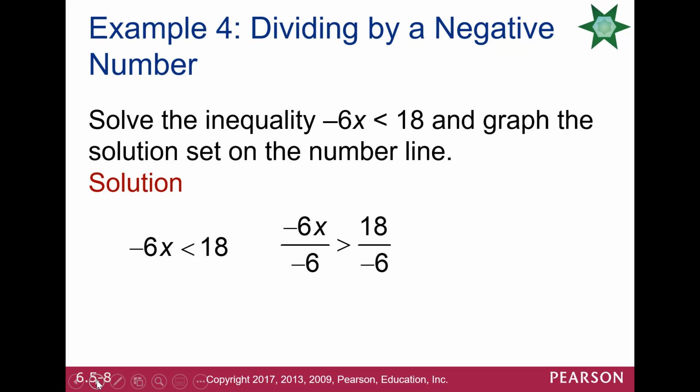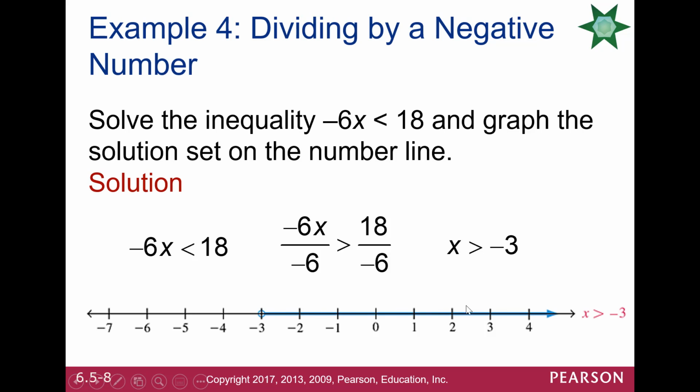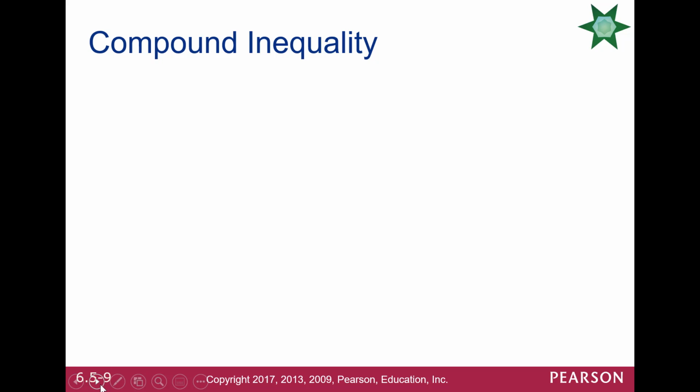When we do that, the inequality sign is going to change direction. That is a rule. And so we end up finding out that x is greater than negative 3. To graph this, because it's greater than, we're going to have an open circle with an arrow to the right. x is greater than negative 3, not equal to, greater than.